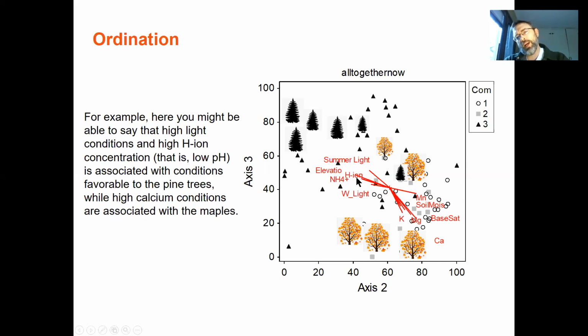Down this way, going against that axis, is more basic conditions, and this is going to be darker or shadier. So shadier, more basic soils with more calcium, you've got maples. More light and higher ion concentration results in acidic conditions, where you have pines. That would be the notion here.